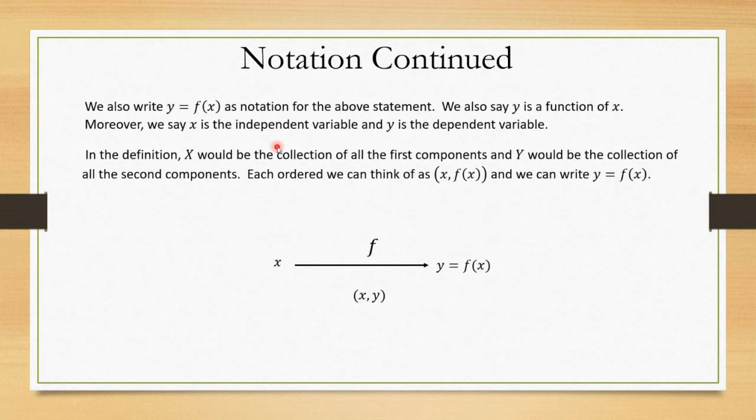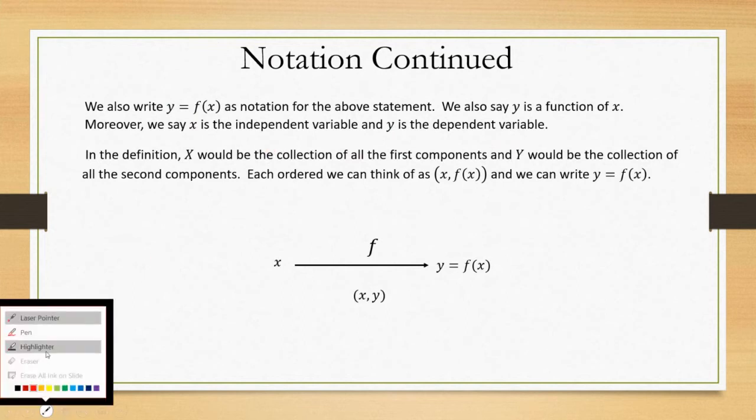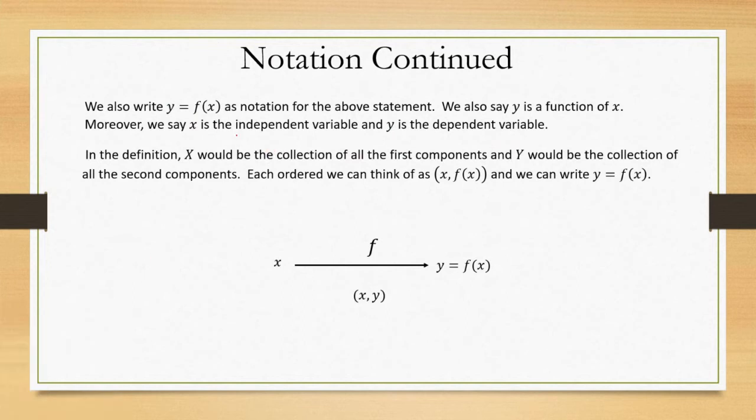There's a lot of terminology here, I understand that, but math does have vocabulary, just like other sciences do. x is also called the independent variable, this x over here. And y is a variable as well, because if you change x here, you're going to change y generally. So y is called the dependent variable.